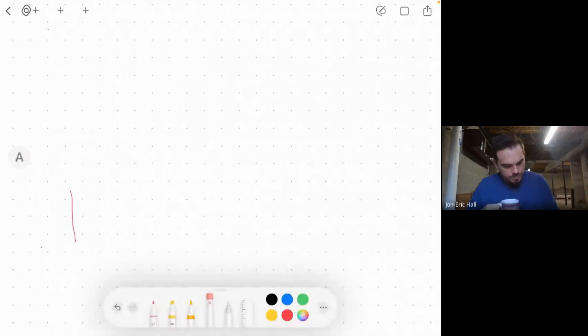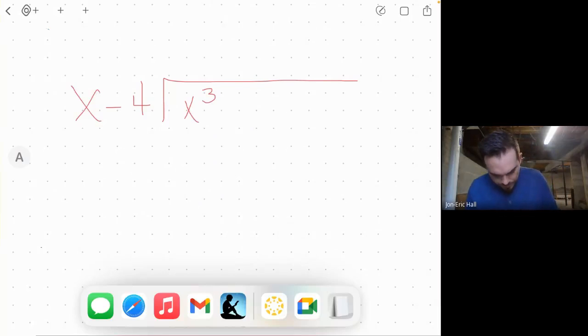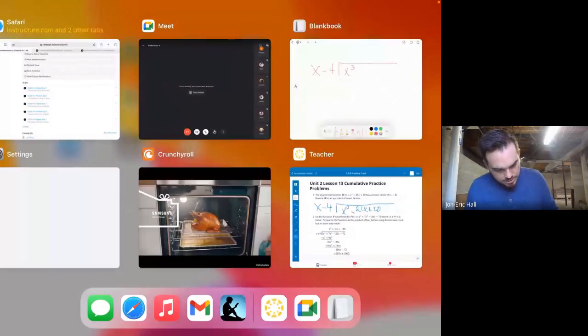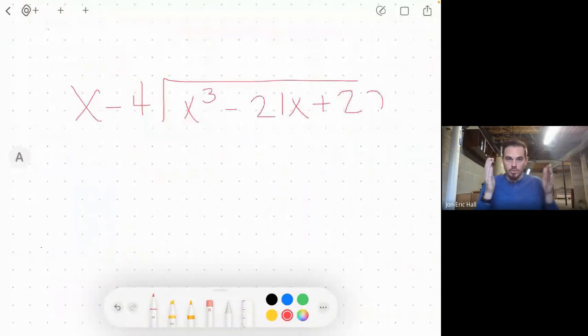Okay, so again, I've got that x minus 4, and then we're going to do the long division of x cubed minus 21x plus 20. The first thing you're supposed to do is see how many times x goes into x cubed.